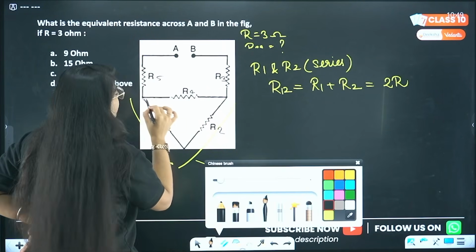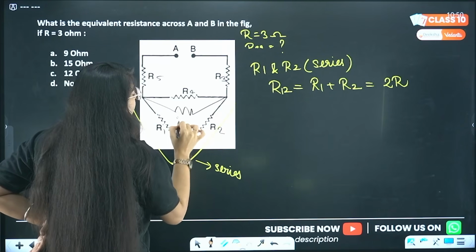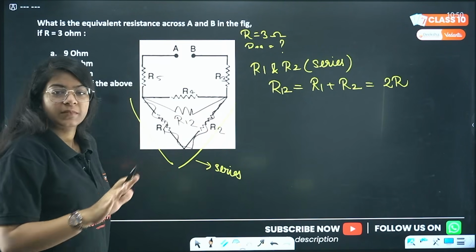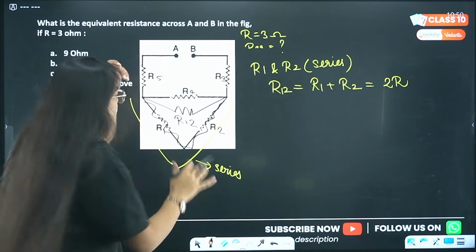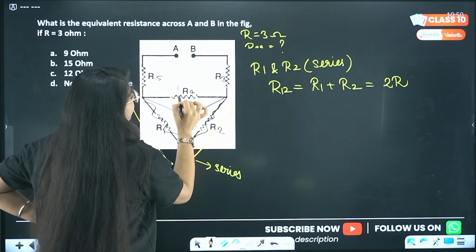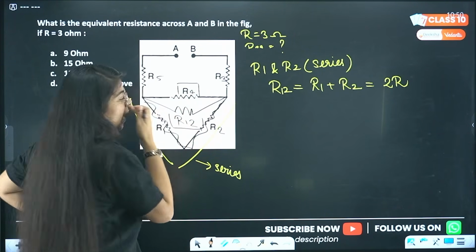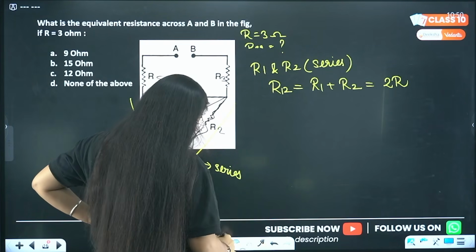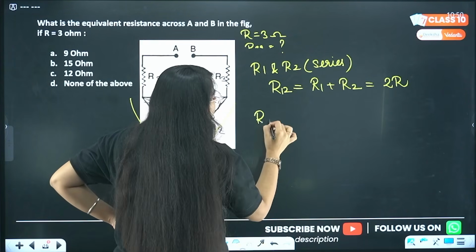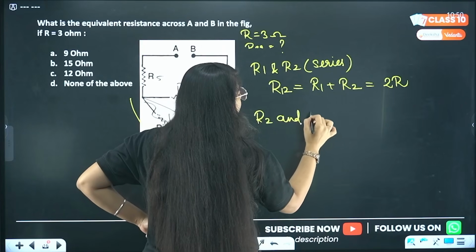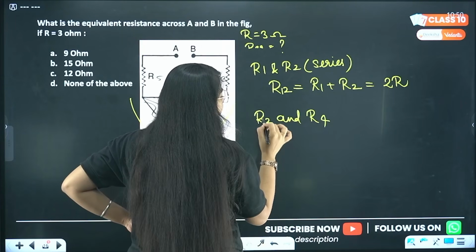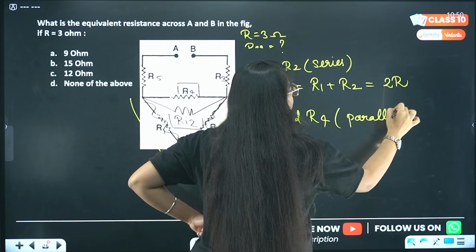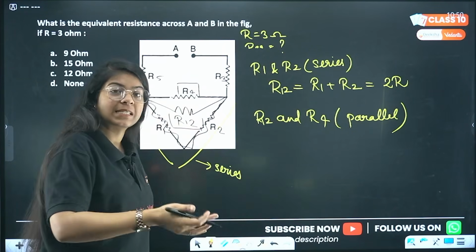Now this diagram will become something like this. Right? R12 and this cancels out. Correct? Now in this diagram, R4 and R12 are in parallel. We can clearly see that. So we can use the formula of resistances in parallel.